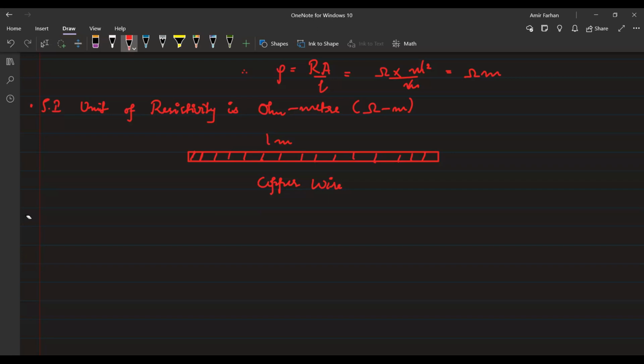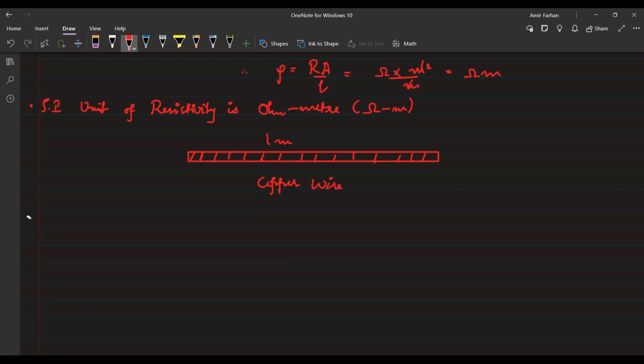Right now it's almost the end of the class, that's why I'm not writing on the screen. I'm just telling you the factors affecting the resistivity. It will not be affected by the length and area of cross section of the material. Resistivity is the default value. Clear?